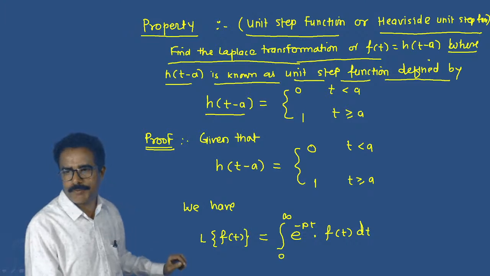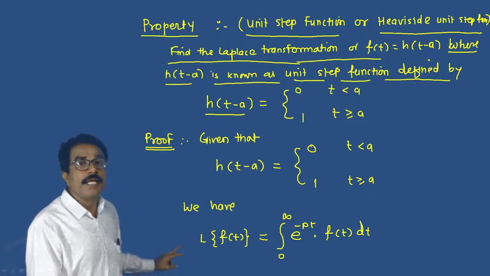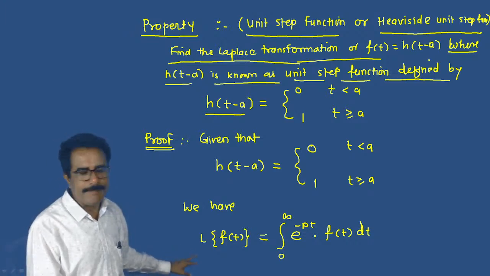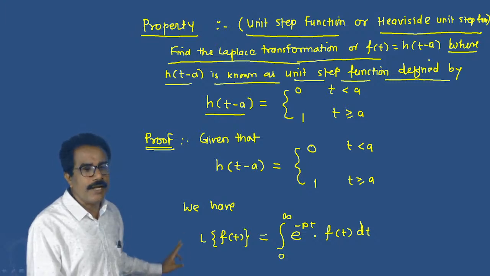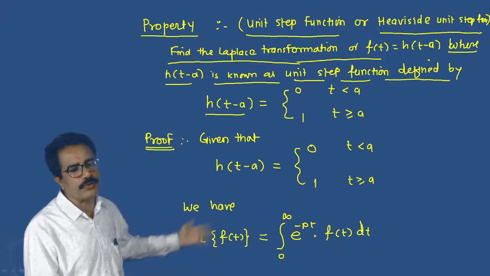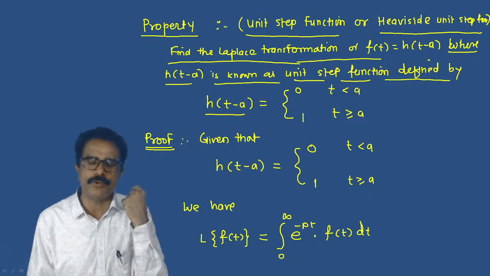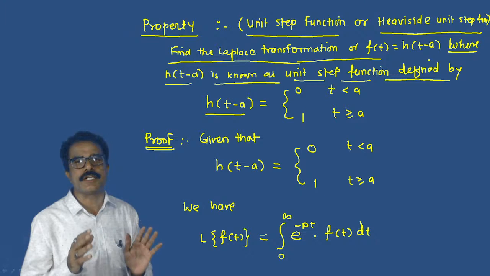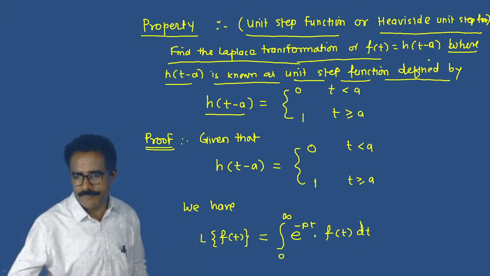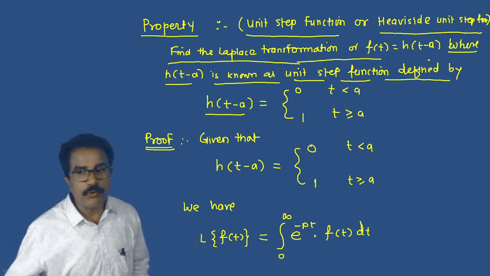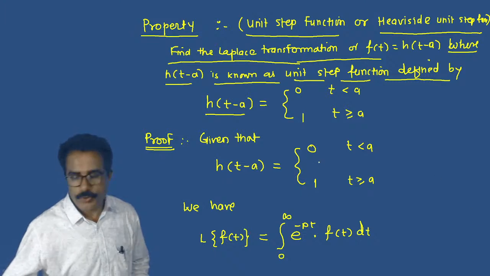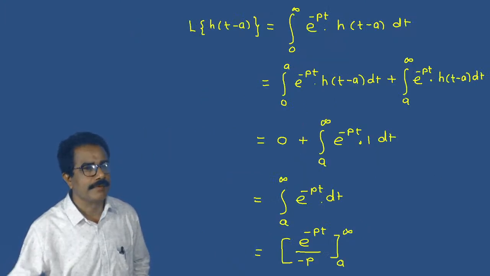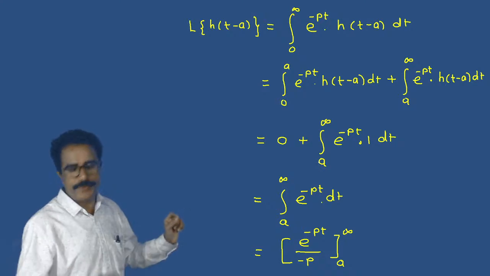Which is the definition of Laplace transformation? L of f of t is equal to the integral from 0 to infinity of e raised to minus pt into f of t dt. This is the definition of the Laplace transformation for the function f of t. Now we have to replace the value of f of t.